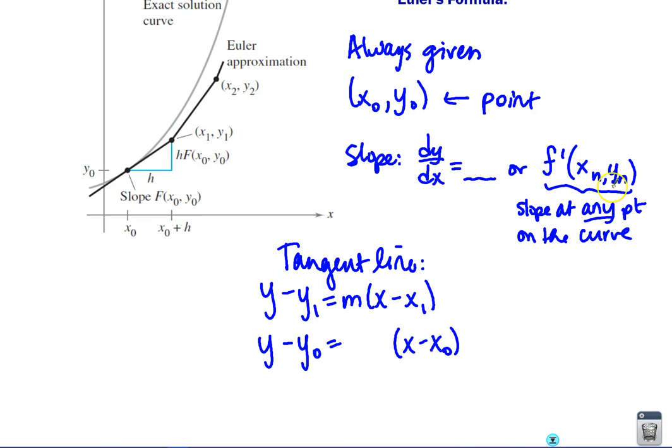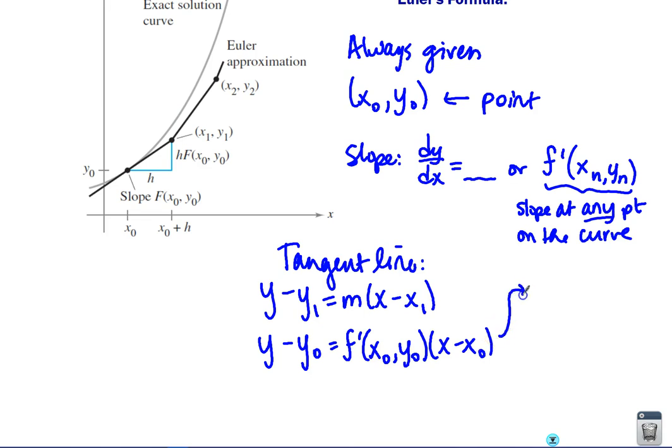The most common one is f prime of x n, y n. I say x n, y n because I'm looking initially at x naught, y naught. So my slope here is going to be f prime of x naught, y naught, and then x minus x naught. And this represents the slope at specifically x naught, y naught.